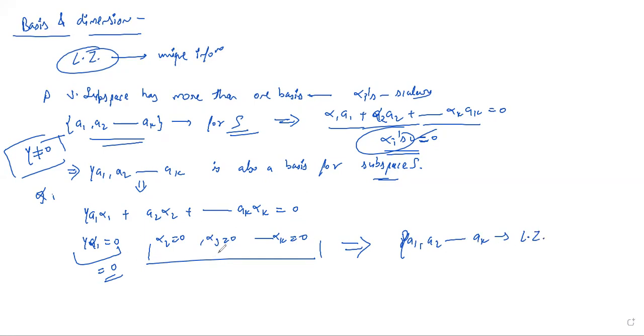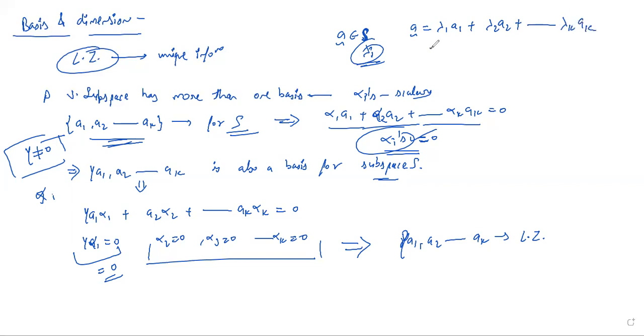Now if there exists a vector a from the subspace S, then we can represent any vector belonging to the subspace S as a linear combination of the basis vectors. So for this set of basis vectors, I can represent this vector as a linear combination for the scalars lambda 1, lambda 2 to lambda k: lambda 1 a1 plus lambda 2 a2 to lambda k ak.